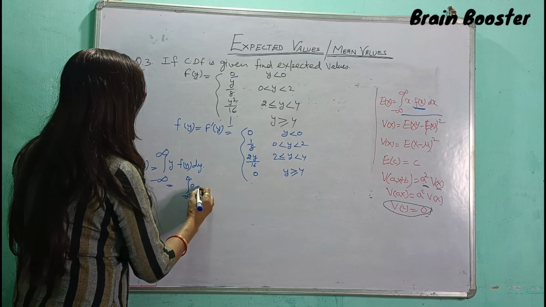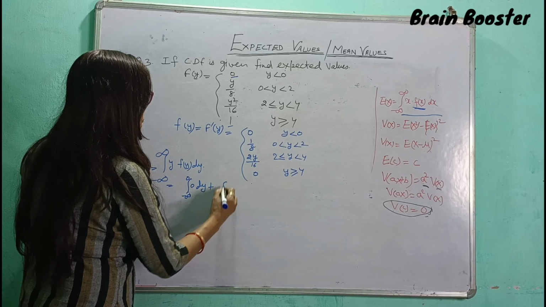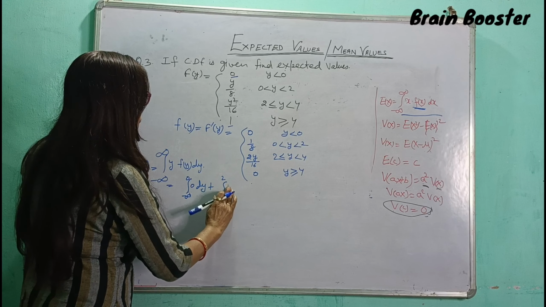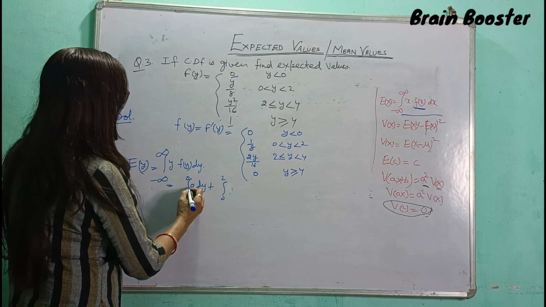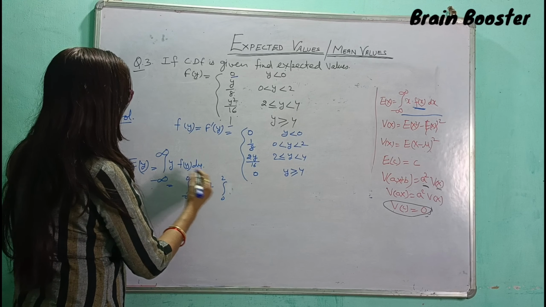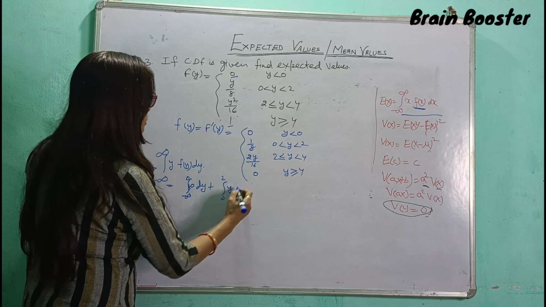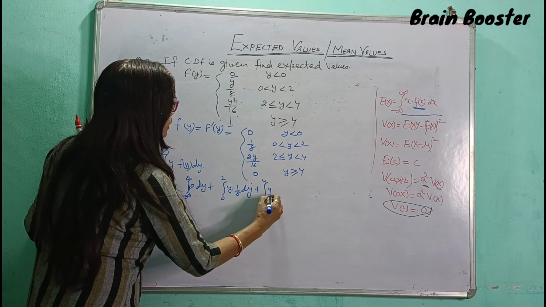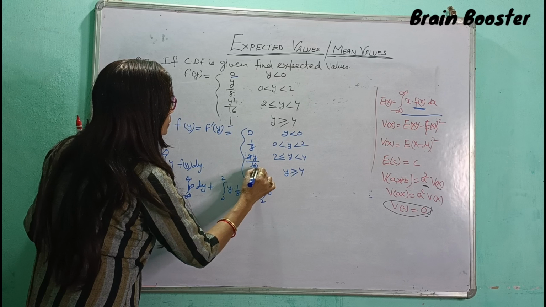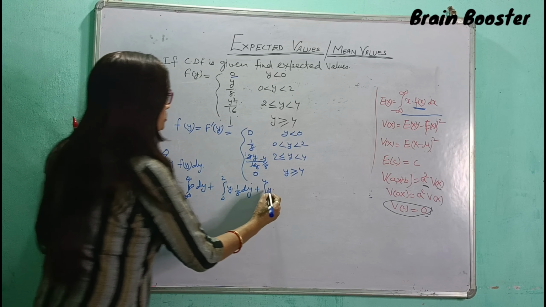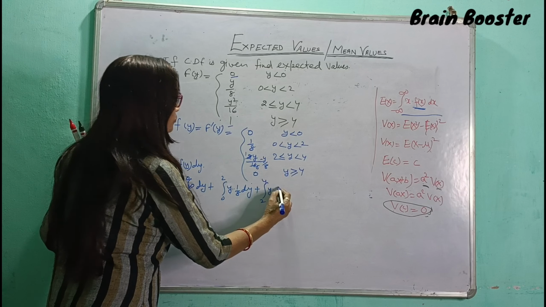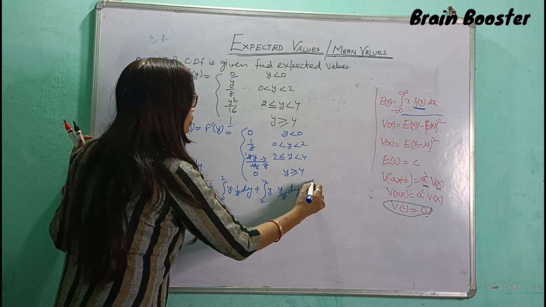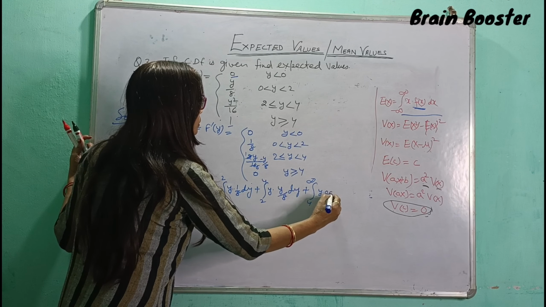this is 0 dy, and from 0 to 2 this is y into f(y), where f(y) is 1 by 8, dy, plus from 2 to 4 y into f(y), where f(y) is y by 8, dy, and plus from 4 to infinity it is y into 0 dy.